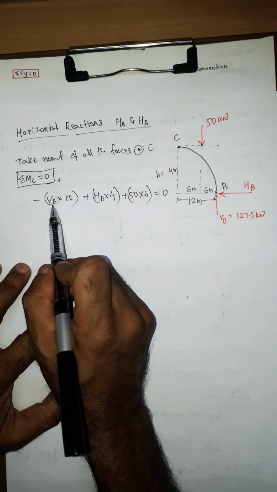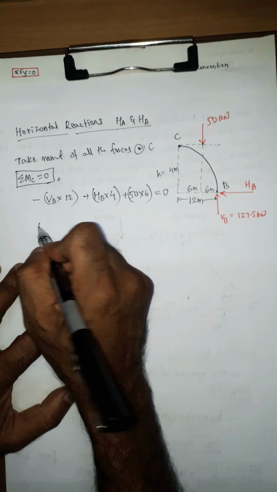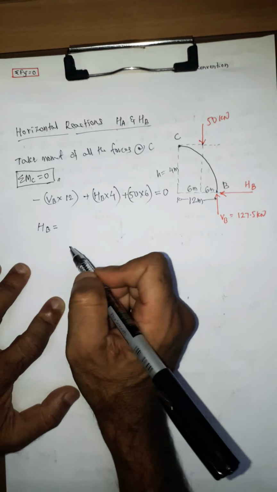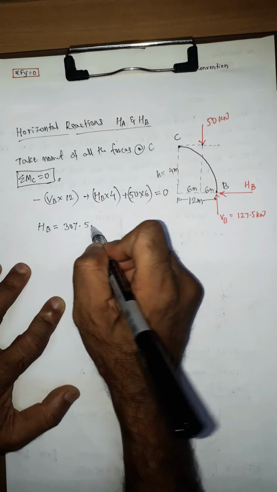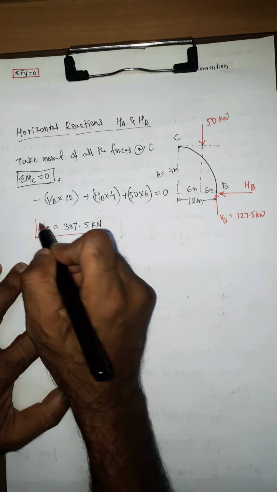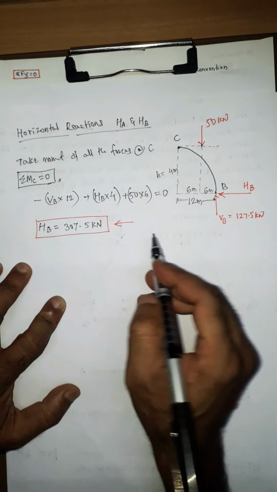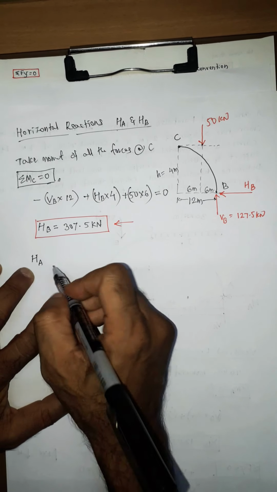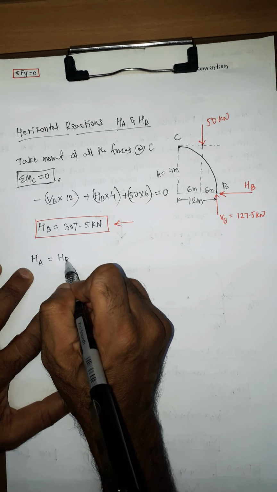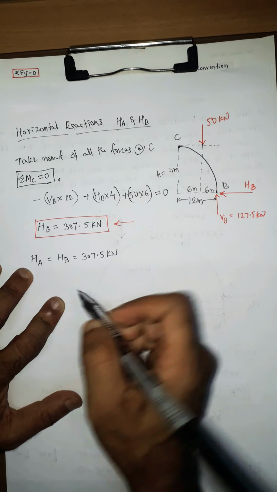We already found out VB, that is 127.5 kilonewton. So with this we can find the horizontal reaction HB is equal to 307.5 kilonewton. So this is the horizontal reaction at B. Similarly, HA, the horizontal reaction at A, is also nothing but HB, that is 307.5 kilonewton.